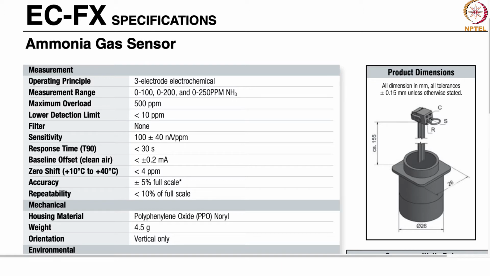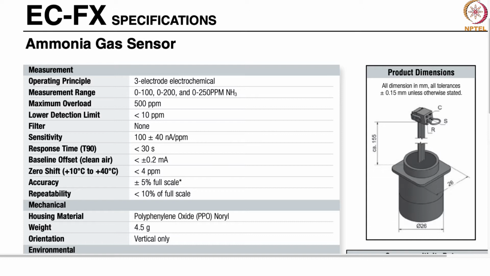So the sensitivity is defined with respect to the slope of the current that you get for a unit change in the concentration of the ammonia gas.